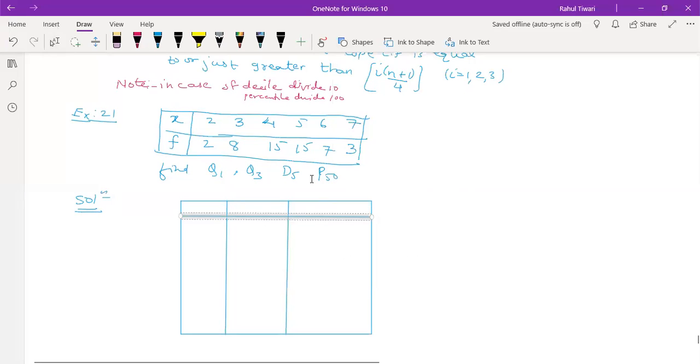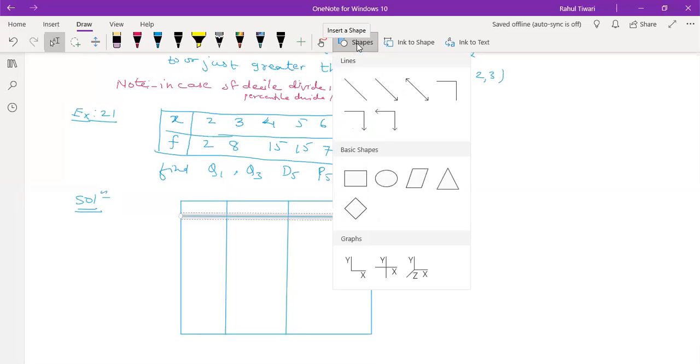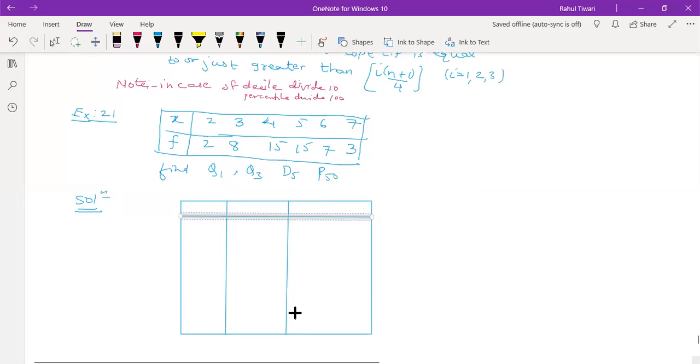This is total. So this is the x, this is the f, and this is less than cf.